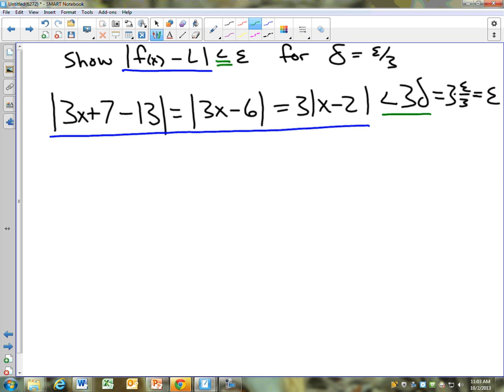We stole that from what we had worked with before, right? We've stated that that's true. And then I took the delta and I substituted in this red piece. I substituted in epsilon over 3. 3 times epsilon over 3 just gives me epsilon. So see what I've said? I've said the function minus the limit is less than epsilon.